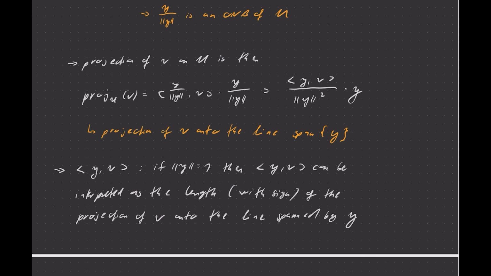So the scalar product gives you the length of a projection, and that's a geometrical interpretation of the scalar product.